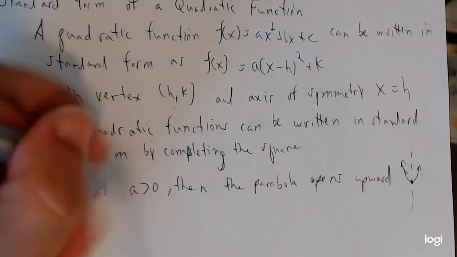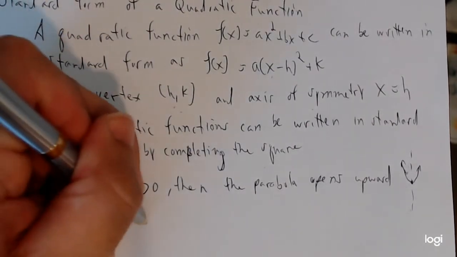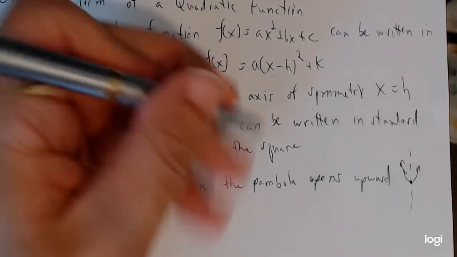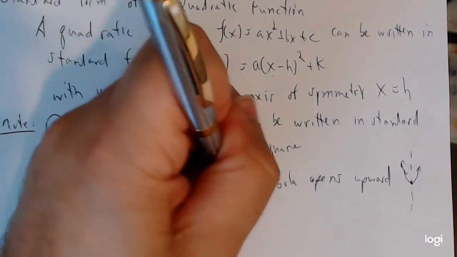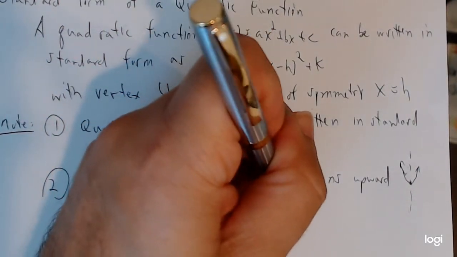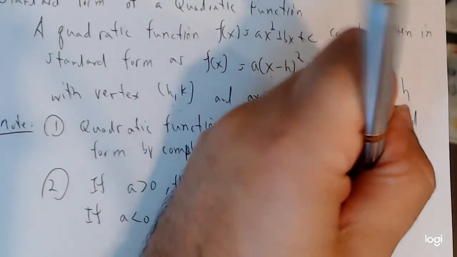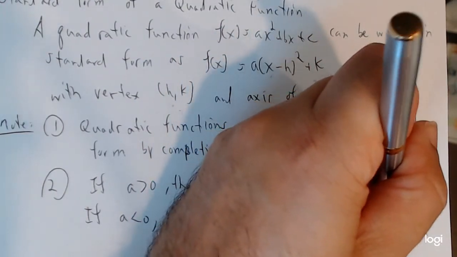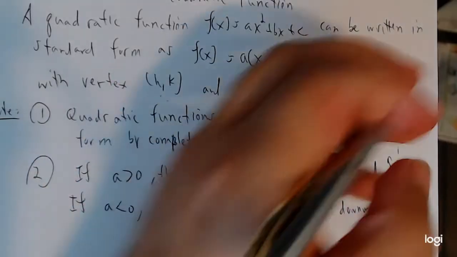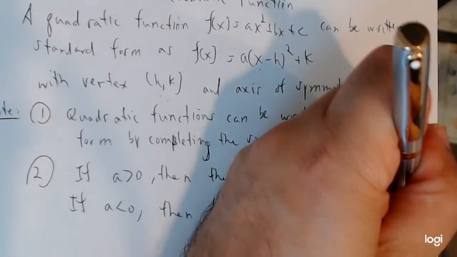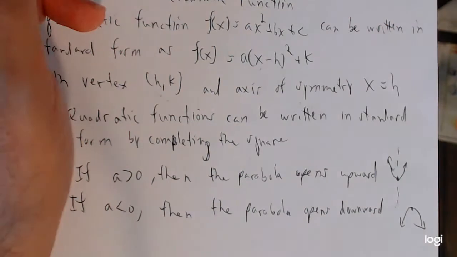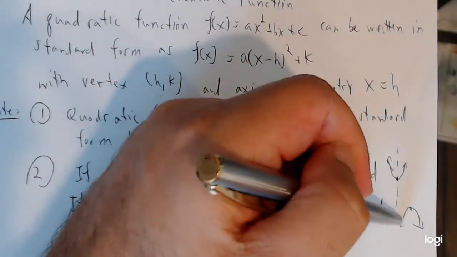Now if a is less than 0, or a negative number, then the parabola opens downward. In this case, we have a parabola that looks like this. That's our vertex again, and notice how it changes from going up to down.